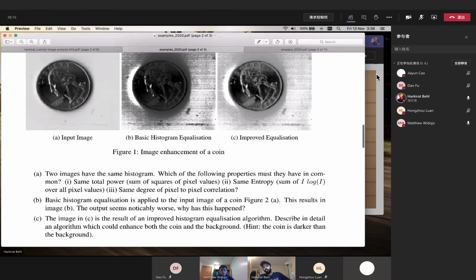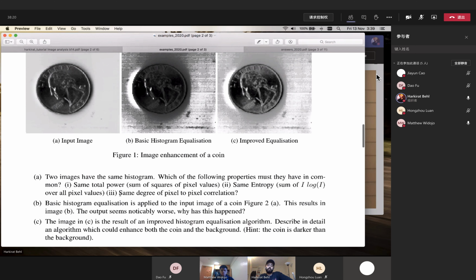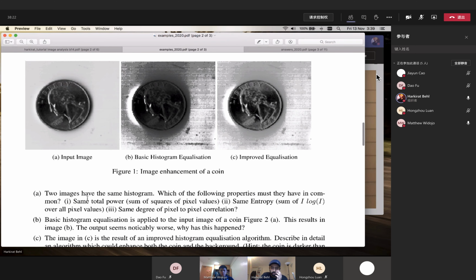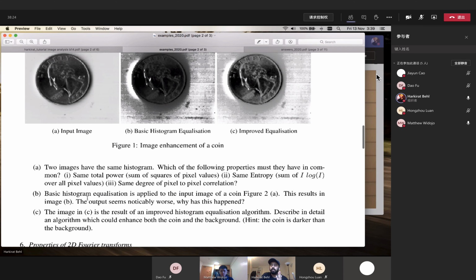But let's see what we do in histogram equalization. Let's say that I take an image which only has blue color in it. Within blue, it has a lot of variations.